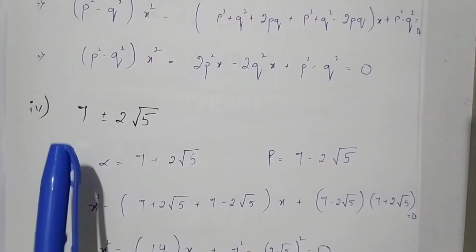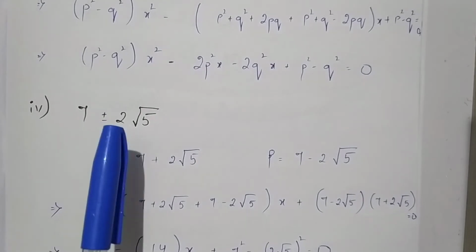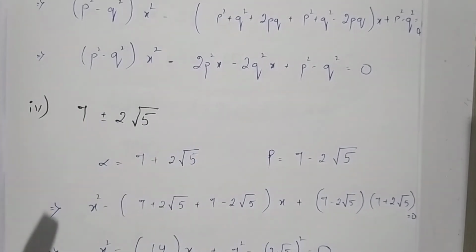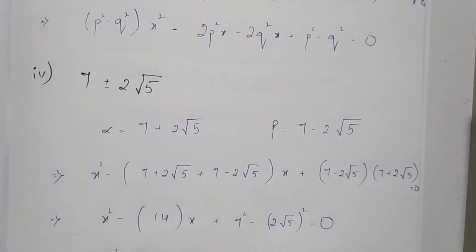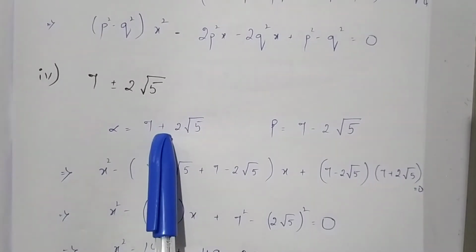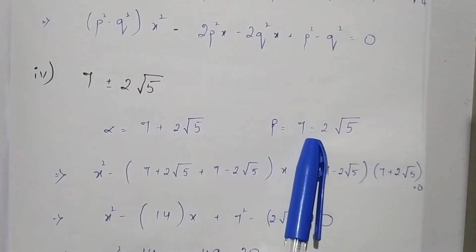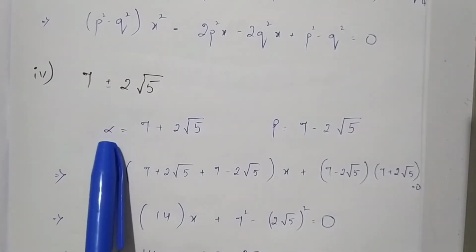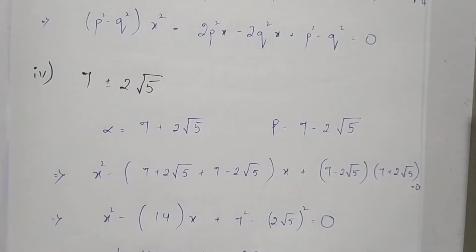The fourth question was 7 plus or minus 2 root 5. Basically the first root is taken with plus and the second root is taken with minus. So the values of alpha and beta are these.